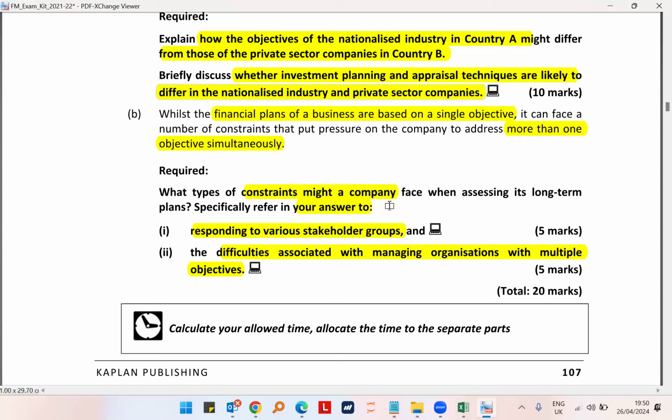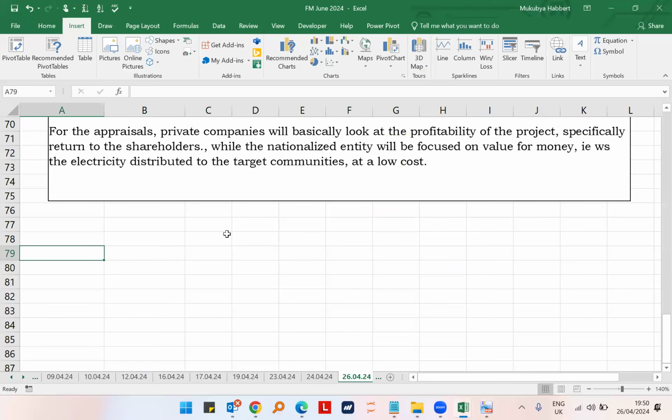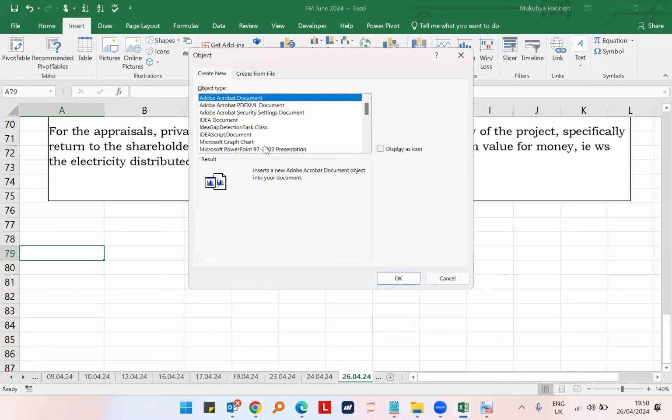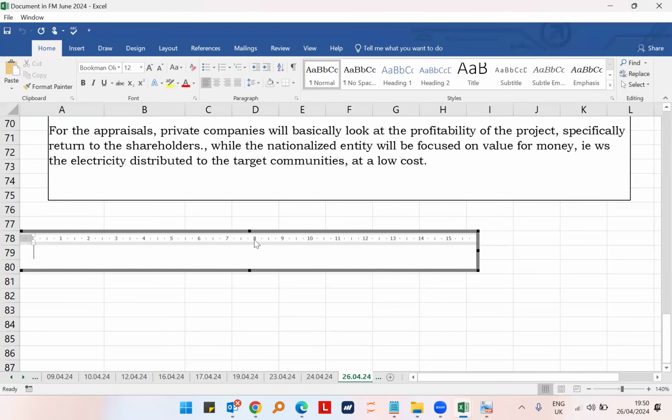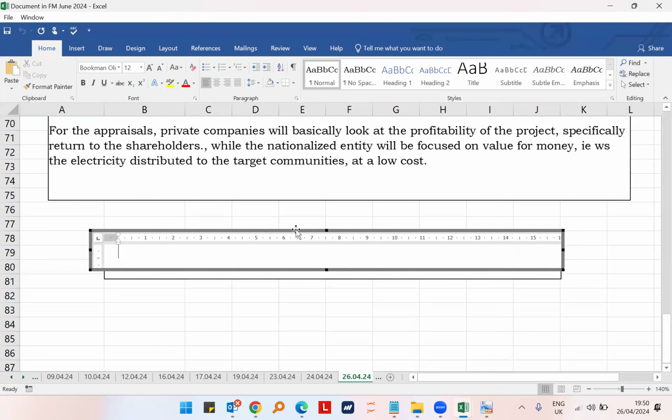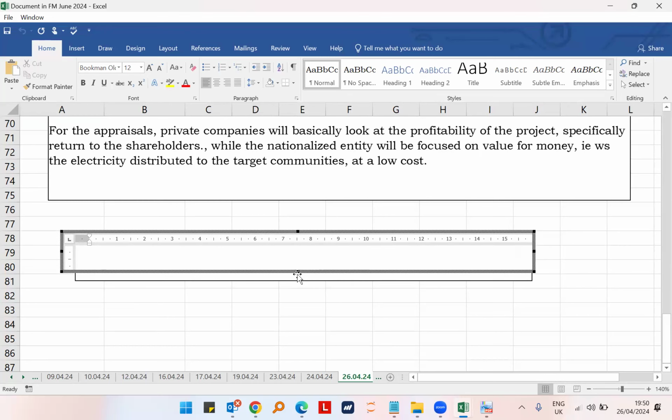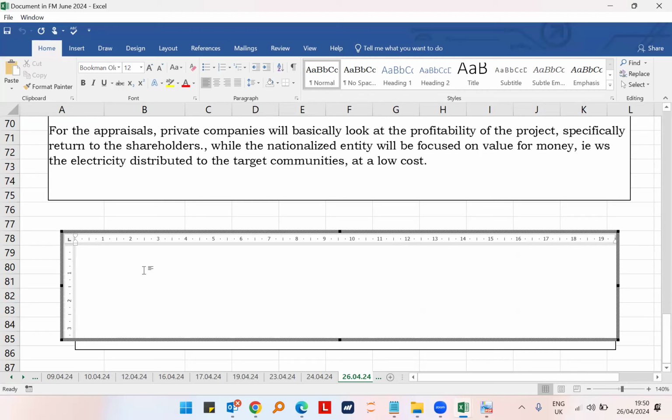So that is specifically it. Okay. So now, how do you deal with different stakeholders?